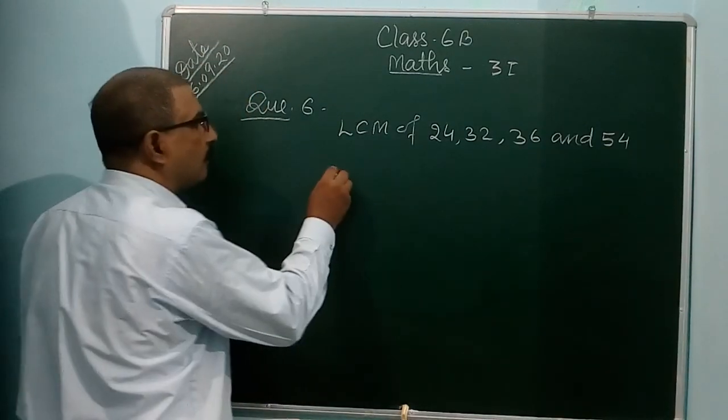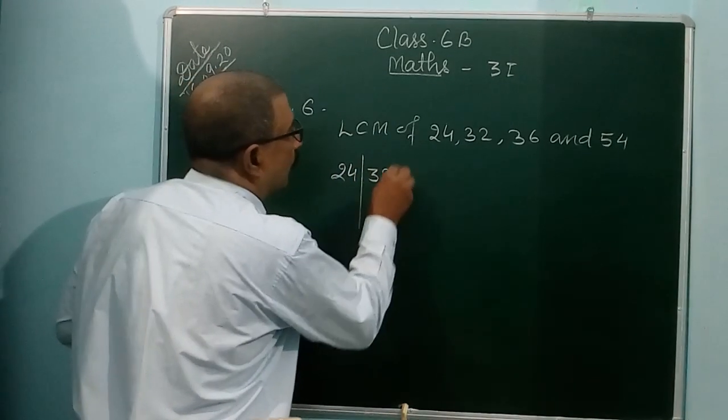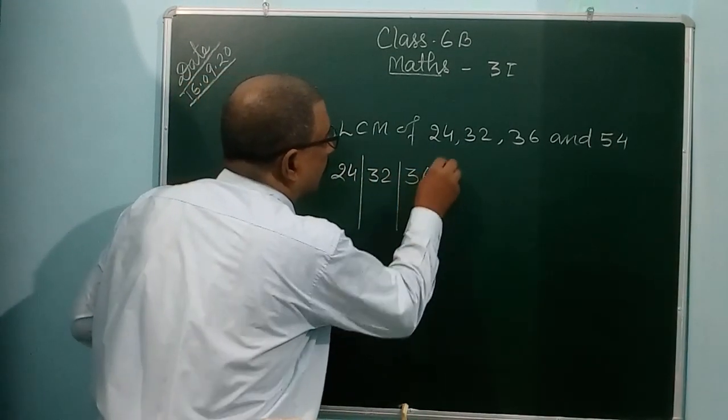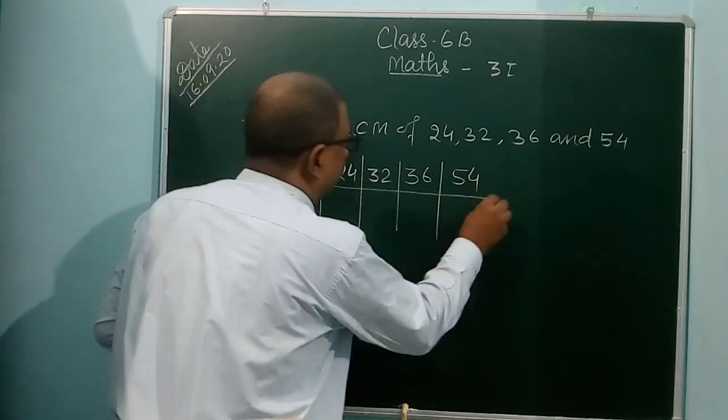So 24, 32, 36, 54. You can find the LCM.